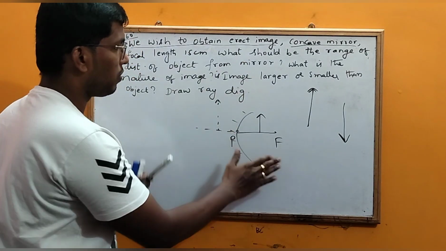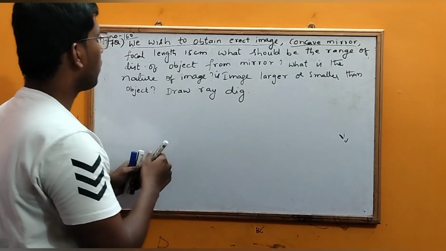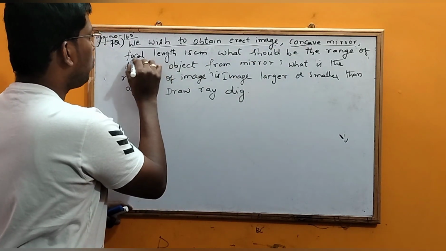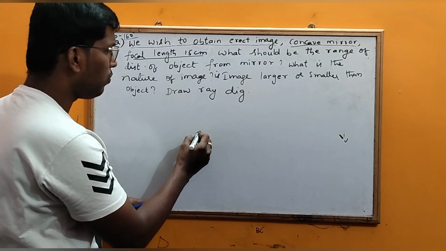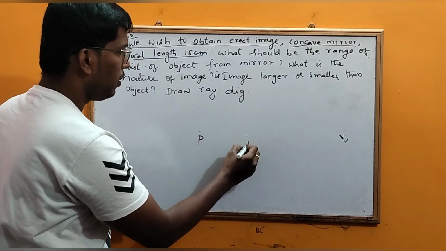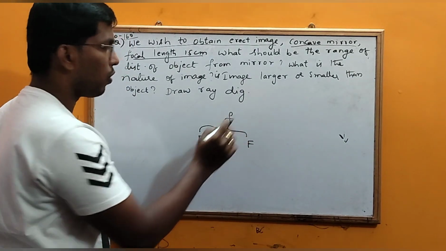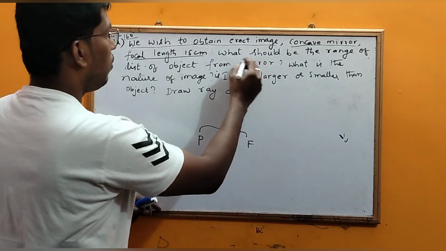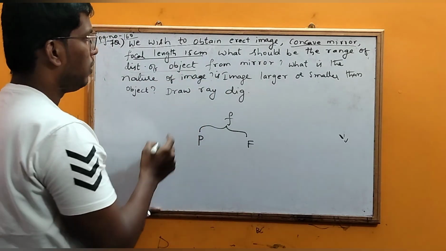But let us try to understand the question properly. A concave mirror whose focal length is 15 centimeter. Focal length is given. What is focal length? Focal length is the distance between the pole and the focus. What should be the range of the distance of the object from the mirror?